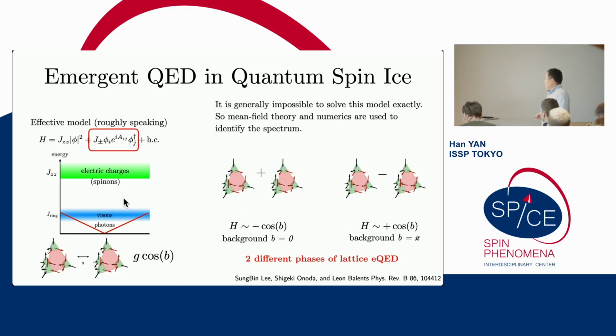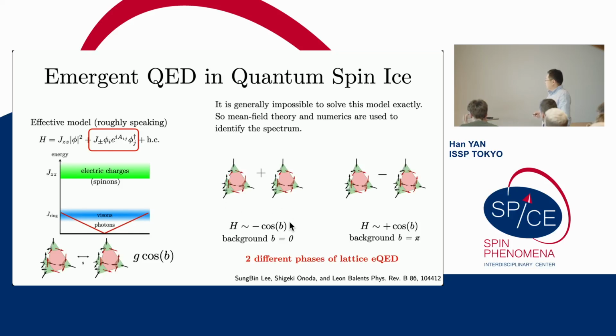Okay, so now on this electric charge or spin-flip sector, before we go there, one thing important is that this cosine B term that is generated perturbatively can have either a minus sign in front of it or a plus sign. But your Hamiltonian, or your system, wants to choose a background B configuration to minimize this plus or minus cosine B, right? So then you actually have two different quantum phases.